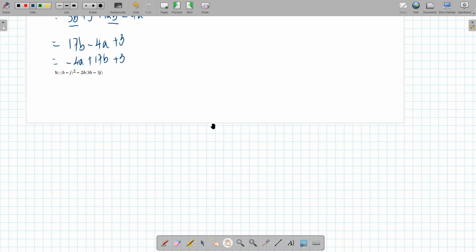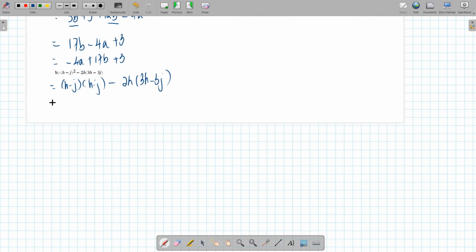Next, what if you have something like this and then another bracket like this? Of course, the first thing we do is the expansion. So we write like this: in 2 brackets, h minus j, minus 2h, 3h minus 3j.